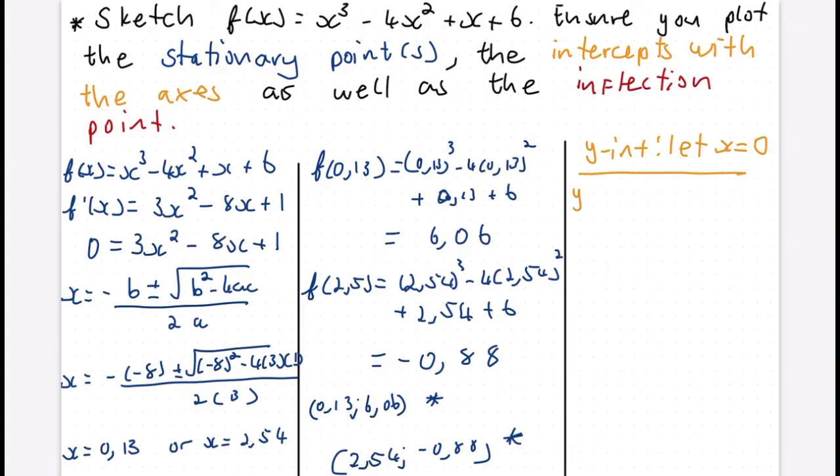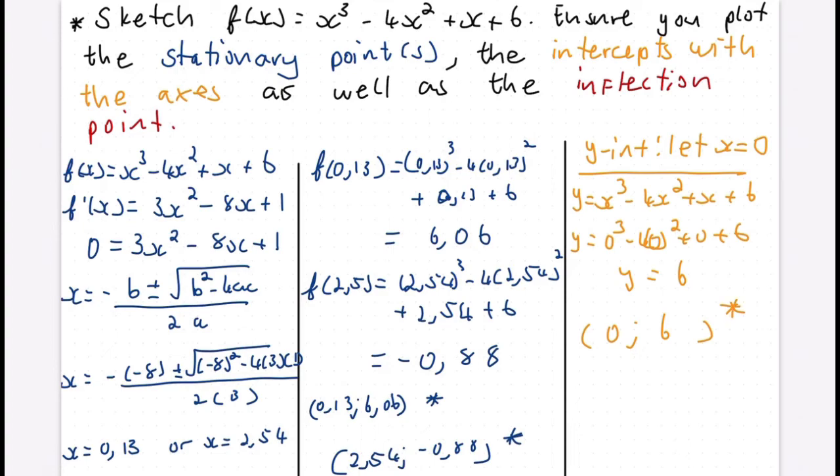Meaning, in the equation y is equal to x cubed minus 4x squared plus x plus 6, we're going to make x there 0. 0 cubed minus 4 times 0 squared plus 0 plus 6. You're just going to end up with the y value of 6. So the y-intercept is an x value of 0 and a y value of 6.